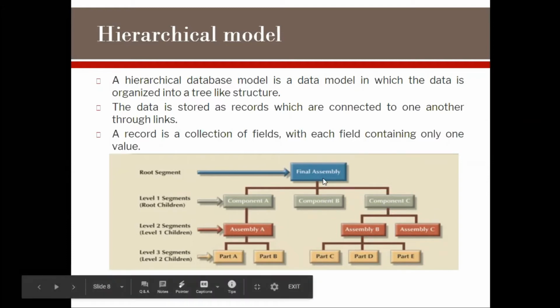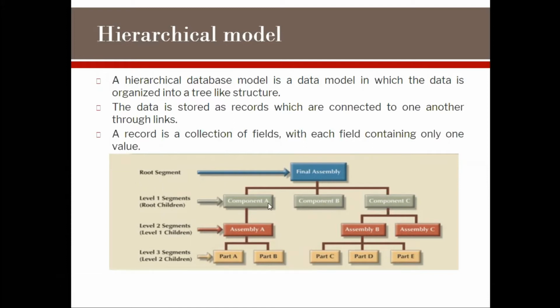So basically your final assembly is your root segment. Okay, your component A, B, C is the child class for your particular final assembly. That means these are your child entities, okay, that is related to your root segment.